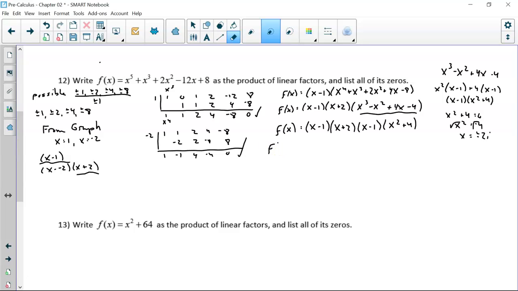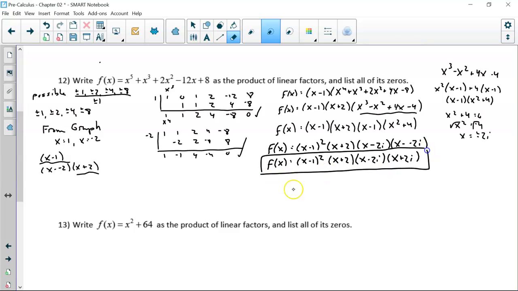So my factors for f of x: x minus 1 and x minus 1, that's x minus 1 squared, x plus 2, and for these zeros, it's going to be x minus 2i, x minus negative 2i. So it's going to be x minus 1 squared, x plus 2, x minus 2i, x plus 2i. Those are the linear factors.